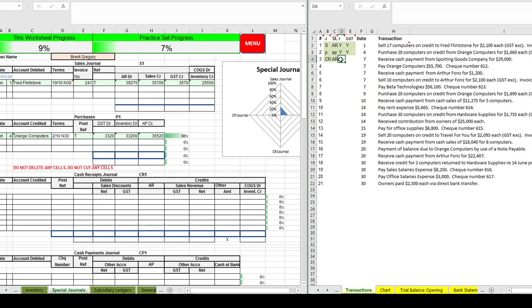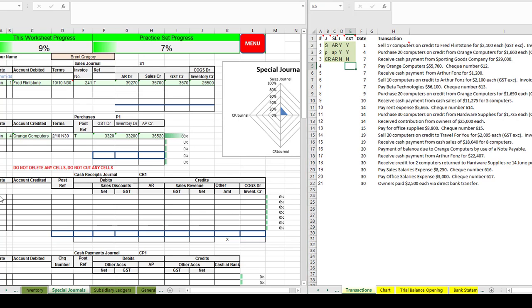It doesn't involve inventory. We've already made the sale, so it doesn't involve inventory, and it does not involve GST unless there is a discount. So I'll just leave that one for a moment. Generally you'd put in here an N, but if it involves a discount, then it would involve GST.